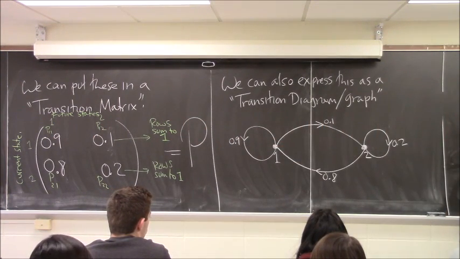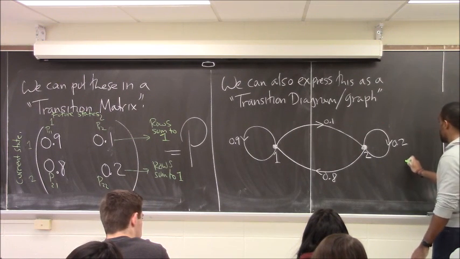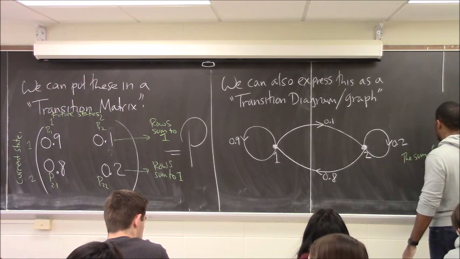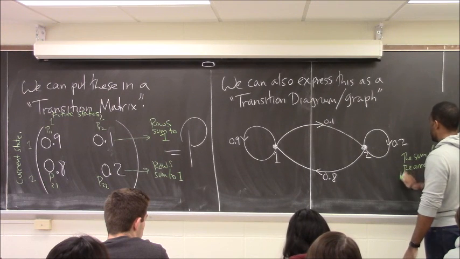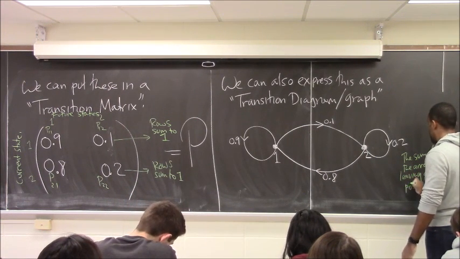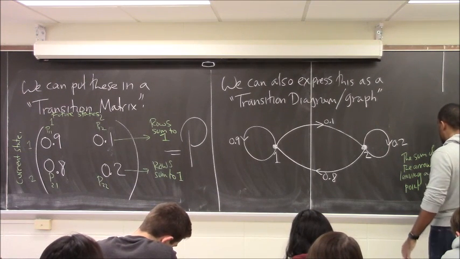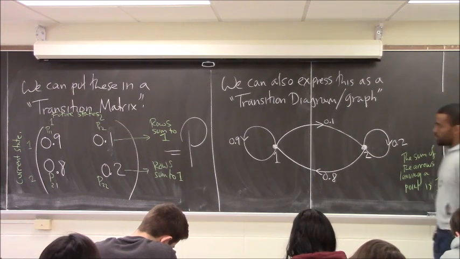Similarly here, when you draw a proper transition diagram, the sum of the arrows leaving a point is 1.